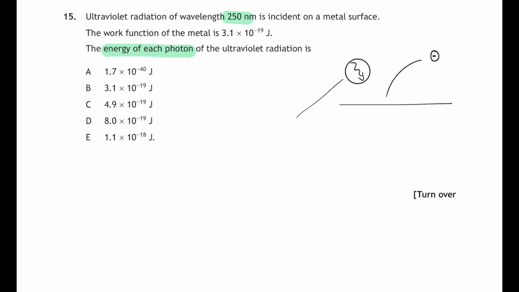So, nothing to do with the work function. We don't need the work function here. We're just working out the energy of the photon, which is hf. Remember, the frequency of the photon will be v over lambda. We're told what the wavelength of the photon is. So if we substitute in for f equals v over lambda, that gives us hc over lambda, where c is the speed of light.